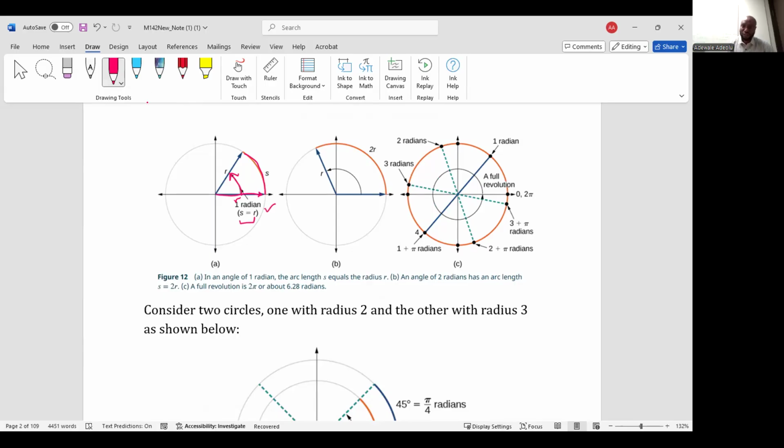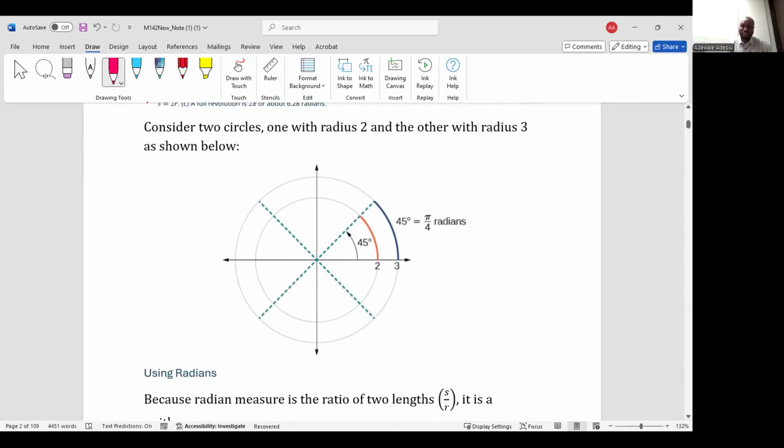And here, the arc is two of the radius, so the angle in this case is 2 radians, right? It's 2 radians, and so on and so forth here.